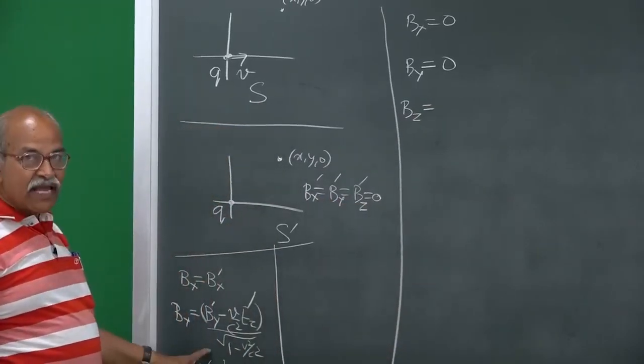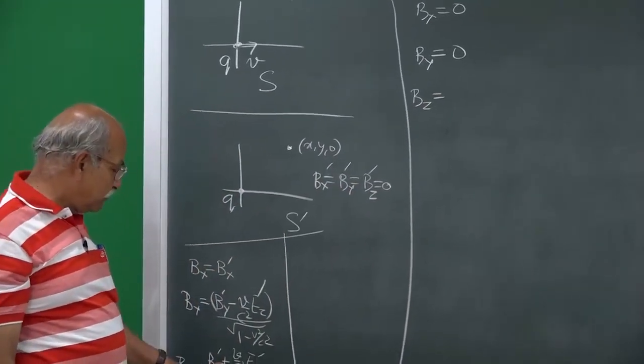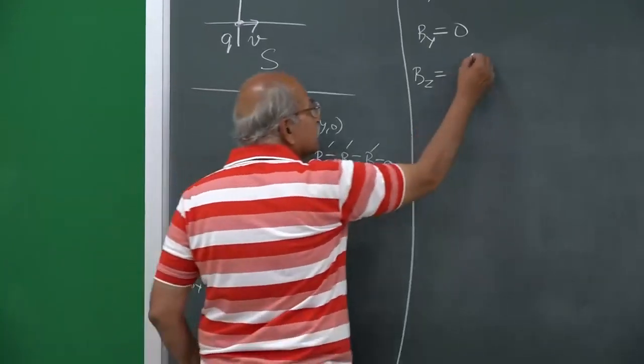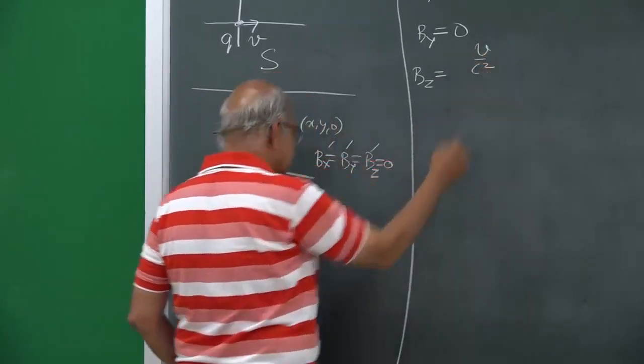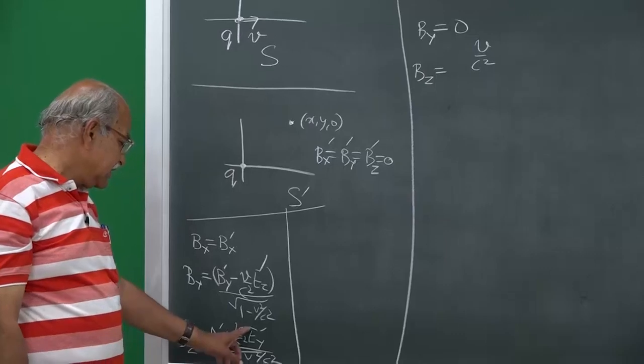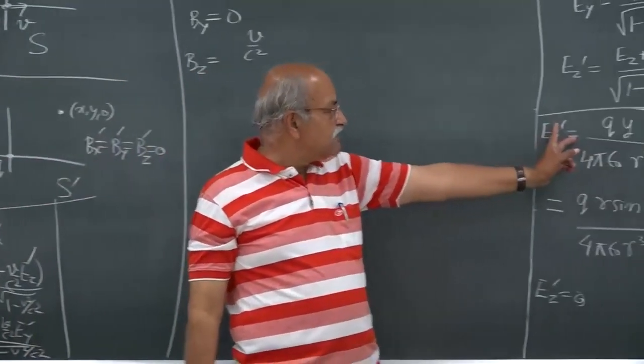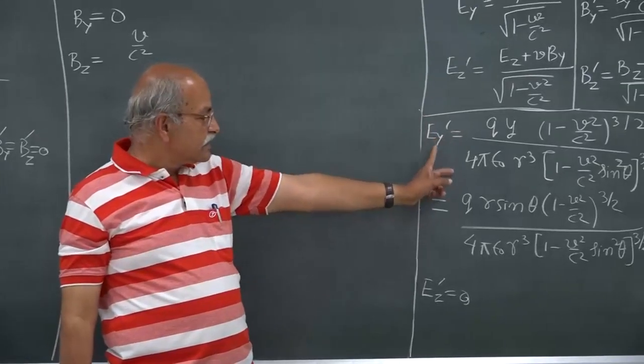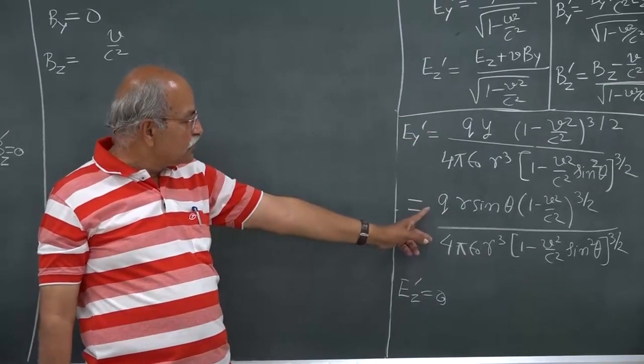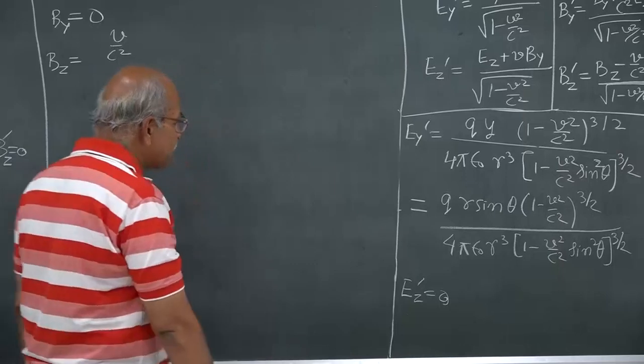Bz is Bz prime which is 0 plus V by c square Ey prime, and Ey prime we had derived in the previous lecture, it is still on the board. So, I will use this. This is Ey prime.